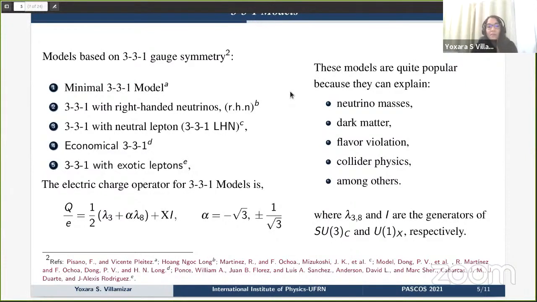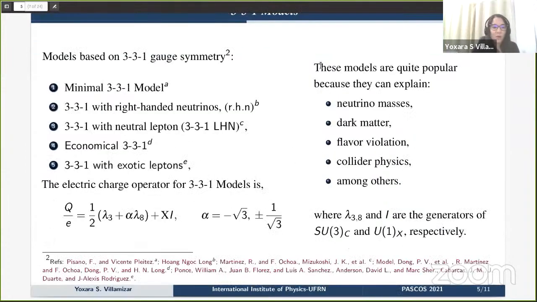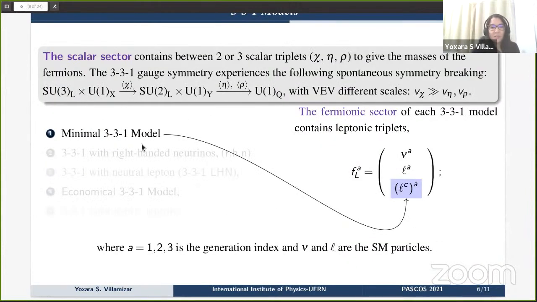These models are very important beyond the standard model because they explain new physics, for instance neutrino masses, dark matter, flavor violation, collider physics, etc. The scalar sector of the 331 models contains 2 or 3 scalar triplets. All models contain 3 scalar triplets, but the economical model only contains 2 scalar triplets.